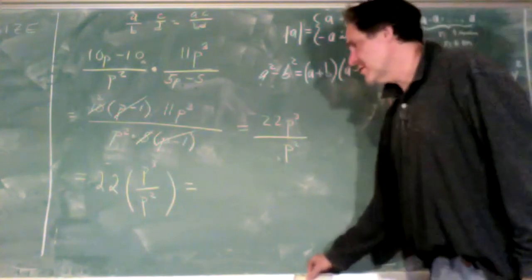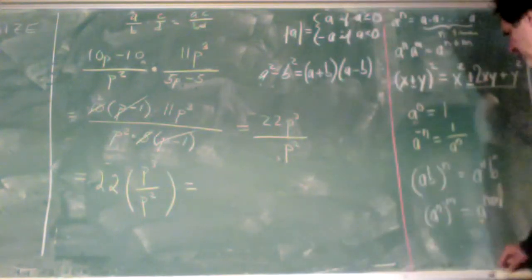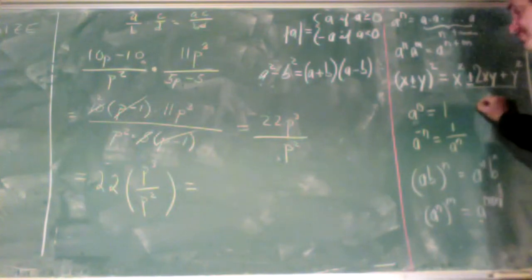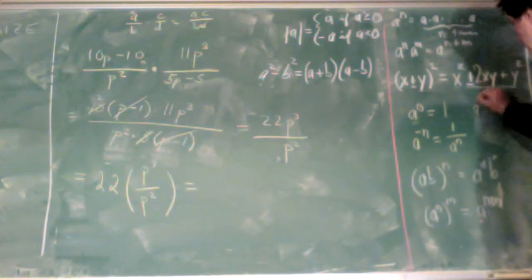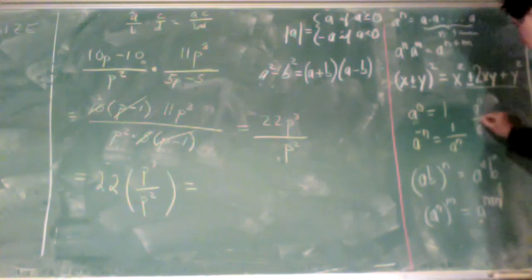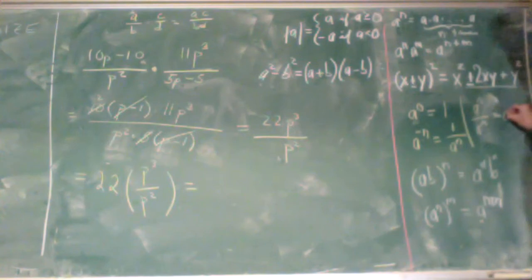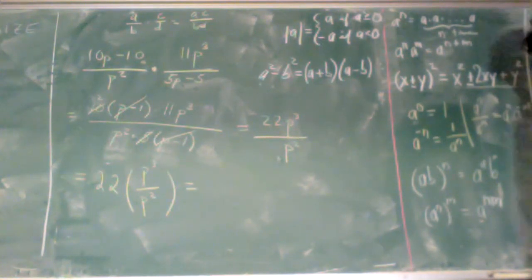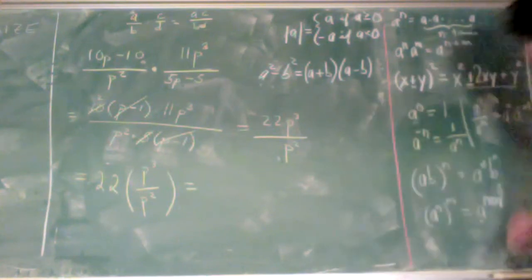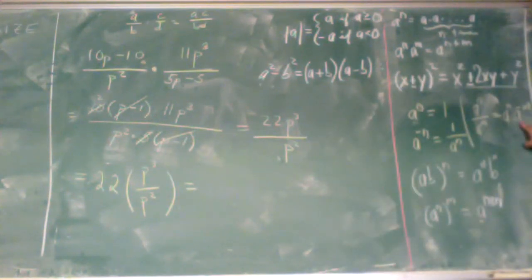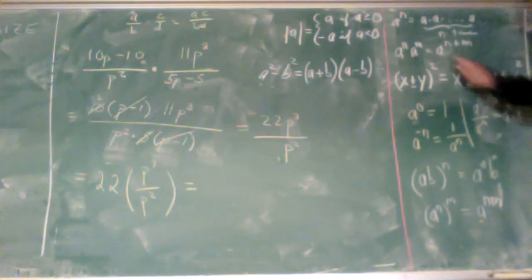No, sorry, I don't mean the power rule. a to the n over a to the m. Quotient rule, this gives us a to the n minus m. Sorry, I'm getting tired here, I apologize. Apply our product rule.